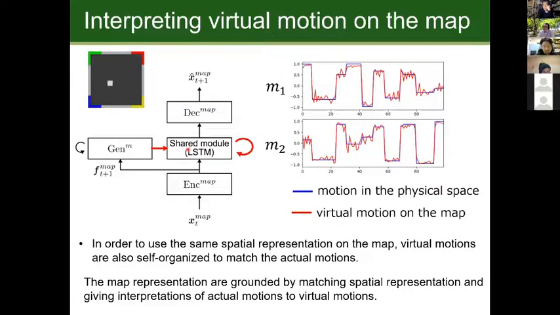But we don't give any teaching signal for the motion. The teaching signal is just the prediction of the visual inputs. But in order to share the spatial representation here, the motion is self-organized to match the actual motions.